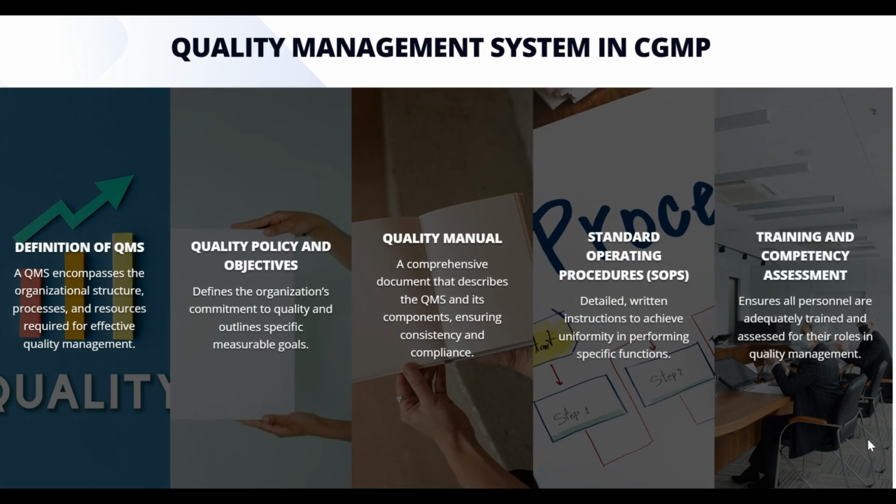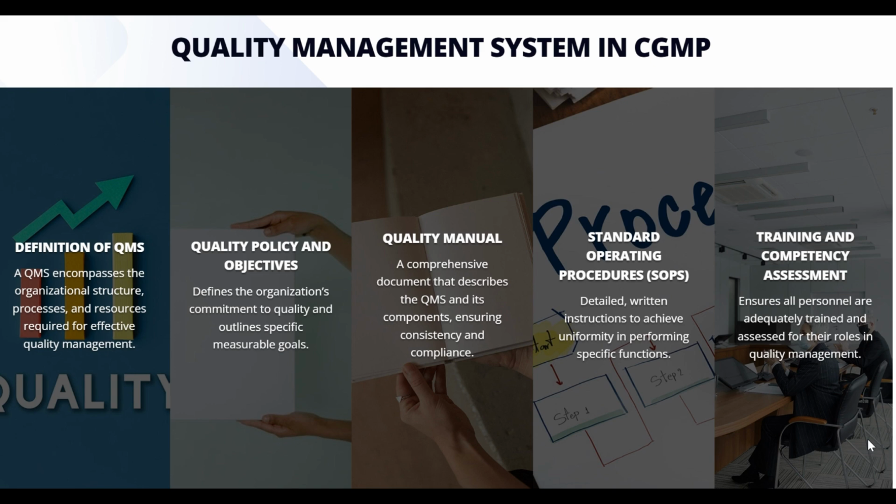So what is the quality management system in cGMP? This QMS encompasses the organizational structure, processes, and resources which are required for effective quality management. Further, quality policy and objectives help us to define the organizational commitment towards quality, and outline specific goals which are measurable and attainable. The quality manual is a document that describes the QMS and its components, ensuring consistency and compliance.